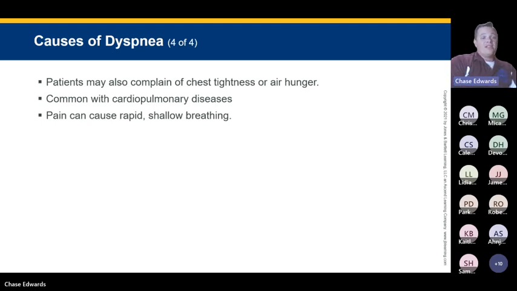So rapid shallow breathing means that we're not fully expanding the lungs. We're not fully using all of the space that perfusion is happening, or that diffusion is happening. And so when we're not using all that space, we get this dead spacing issue that happens, and you can end up passing out.